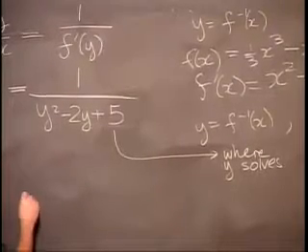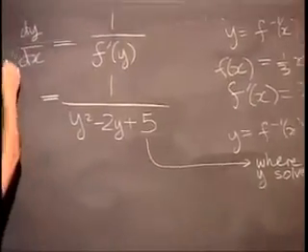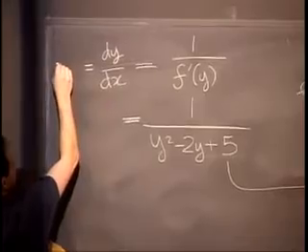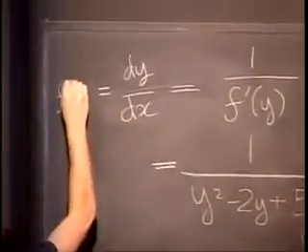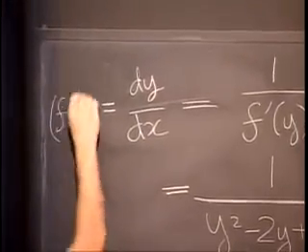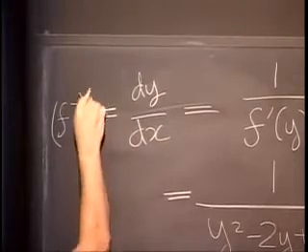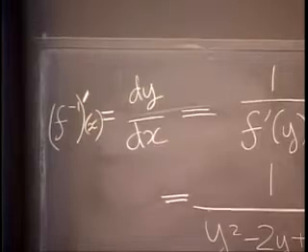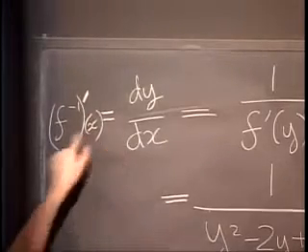So for example, for part B, before we even begin, I want to point out that this is exactly the same thing as the derivative of the inverse function. Right? Because y is indeed the inverse function.